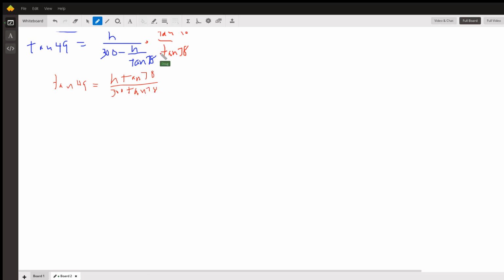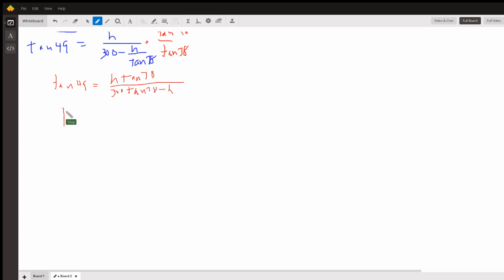And when I take this tangent of 78 times this term in the denominator, the tangent of 78's cancel out, and I get just minus h. Now, what do I have to do to get that h by itself? Well, one strategy would be to multiply both sides of the equation by this denominator. And as you do that, you can picture the tangent of 49 being distributed times each term of this denominator.